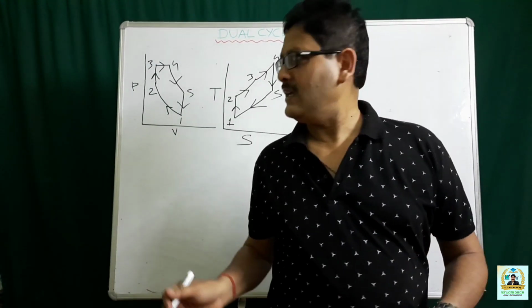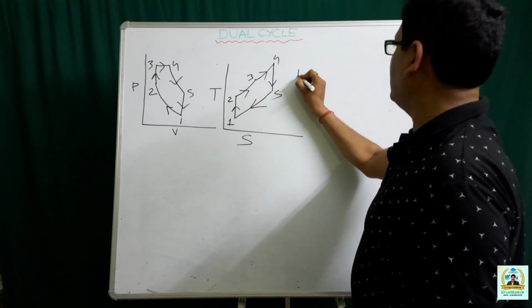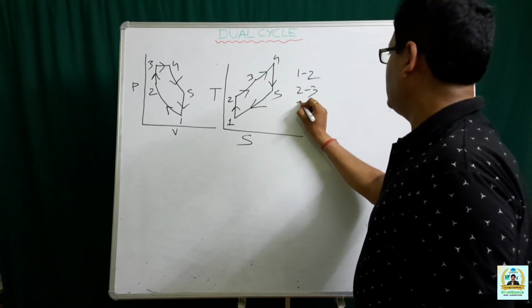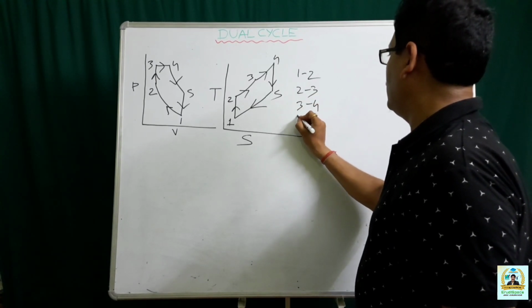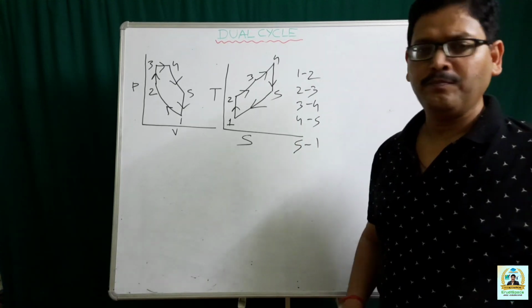So you can see that there are 5 processes. The processes are 1-2, 2-3, 3-4, 4-5 and 5-1.